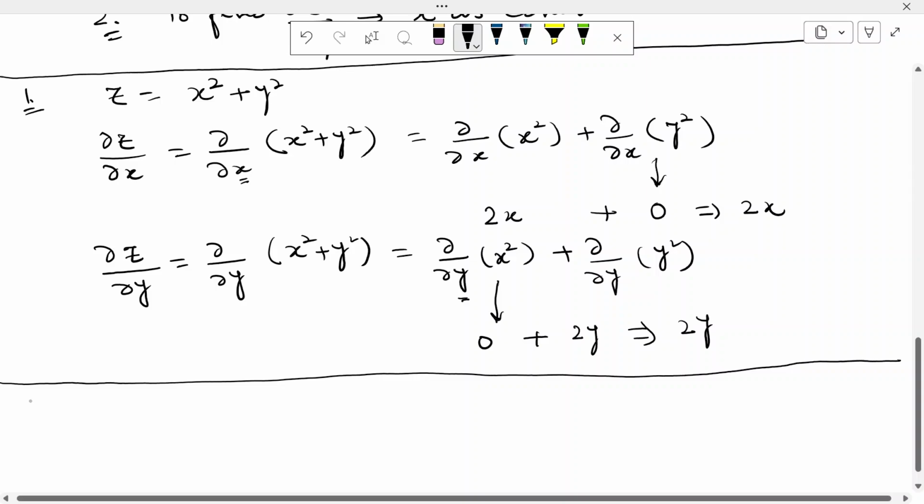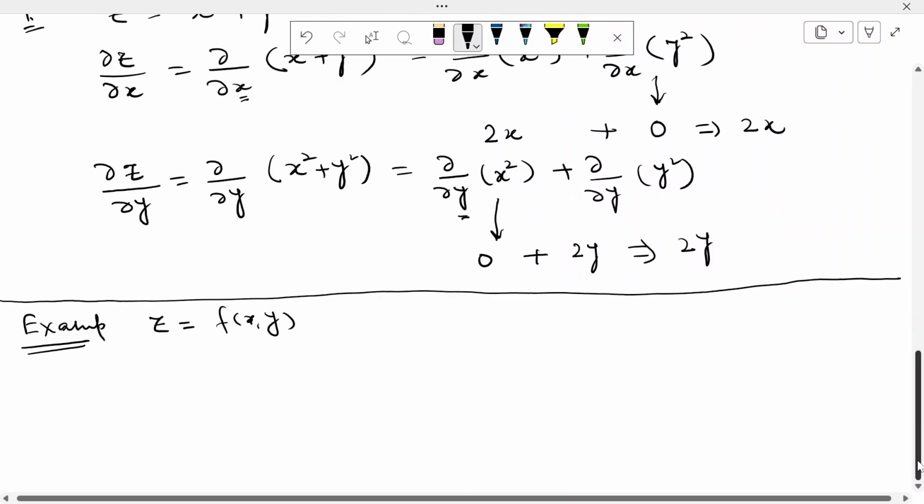Let us take one more example here. Let us say we have this function, another example, and this is the case of an implicit function. We have that z is a function of the variables x and y again, but this time what we are given is that they are connected like this.